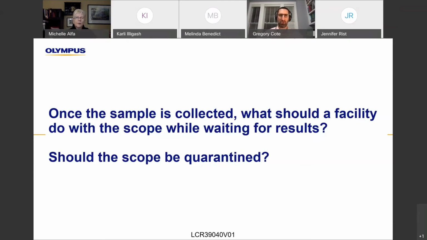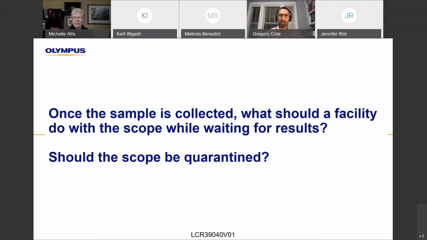Let's say you've obtained your culture, but you continue to use the endoscope while the culture is in process. And in the event that you now have identified a high-risk organism, which we'll be discussing shortly, you're left with the dilemma.